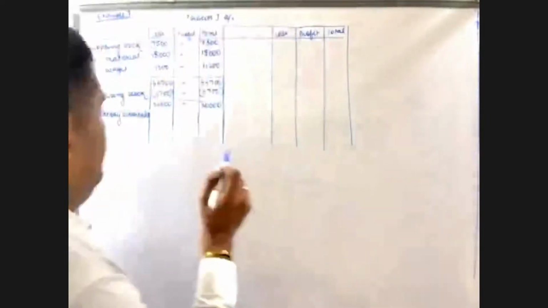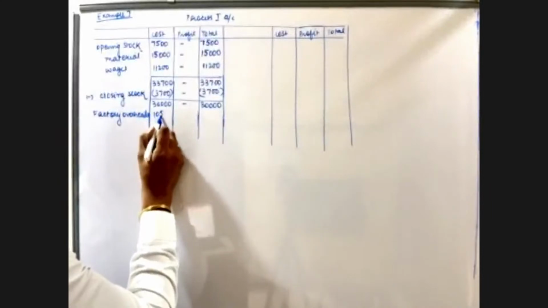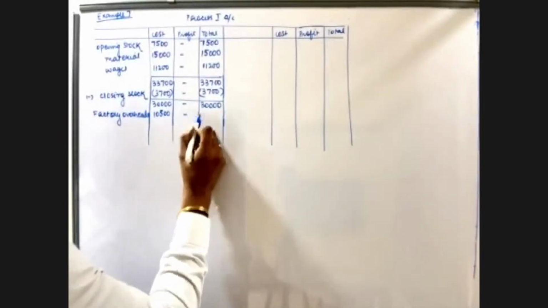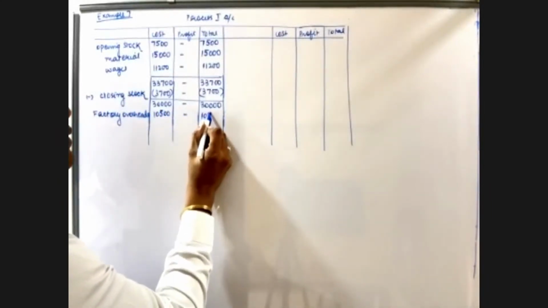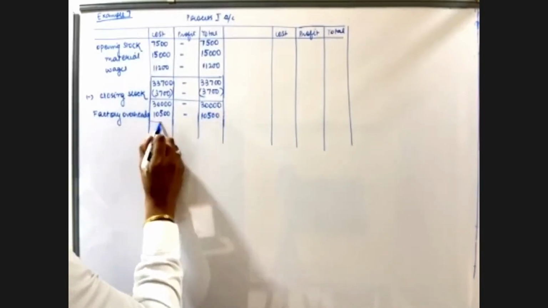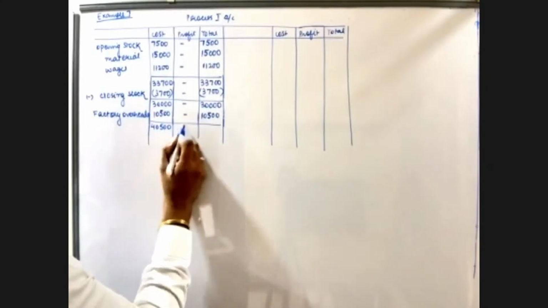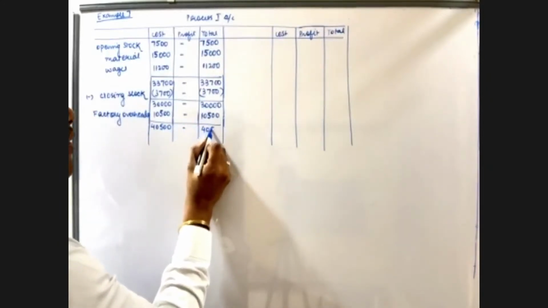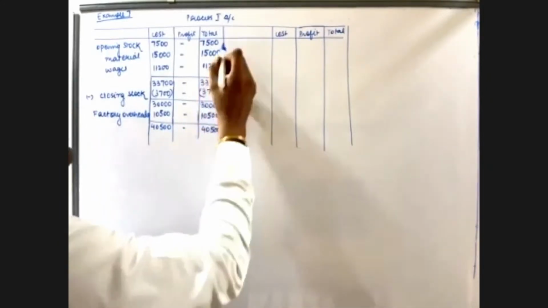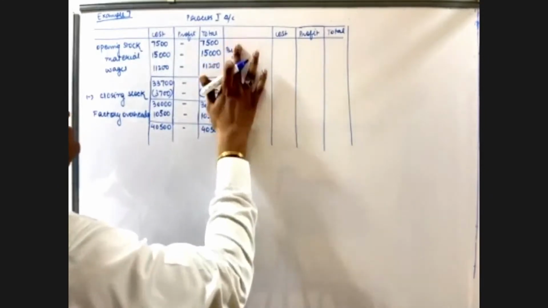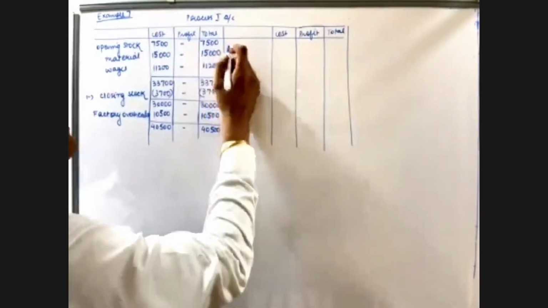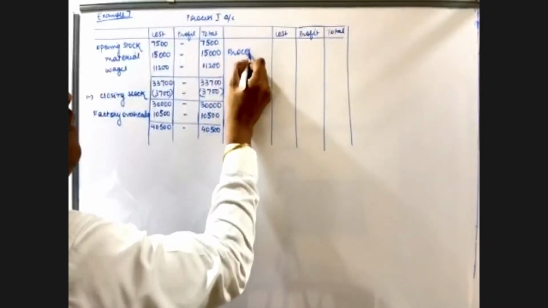That is 10,500. So 40,500 is the cost. Now, process first will transfer to process second.